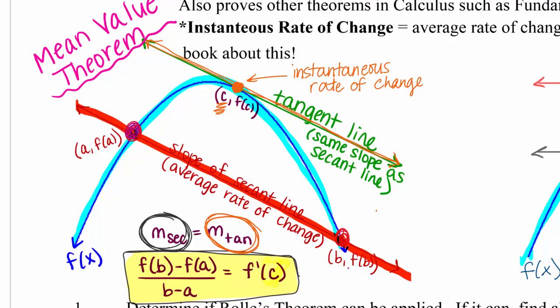So what I'm really saying overall is that the slope of the secant line, where I'm using 2 points to develop that slope, is equal to the slope of that tangent line. So I just have to use my formula for slope, figure out what that's going to become numerically, and then set that equal to my first derivative.